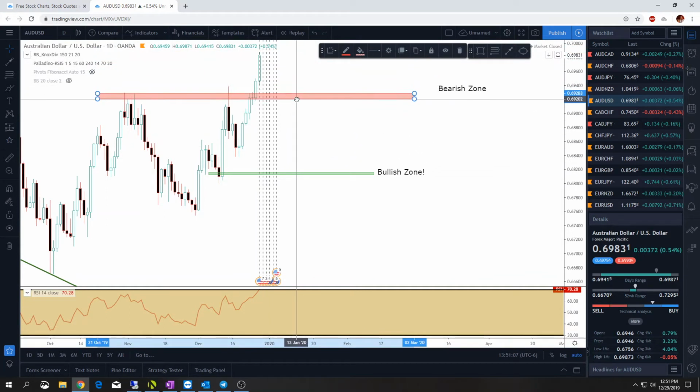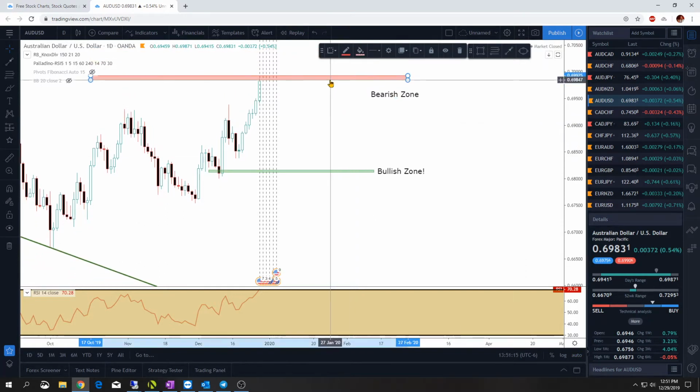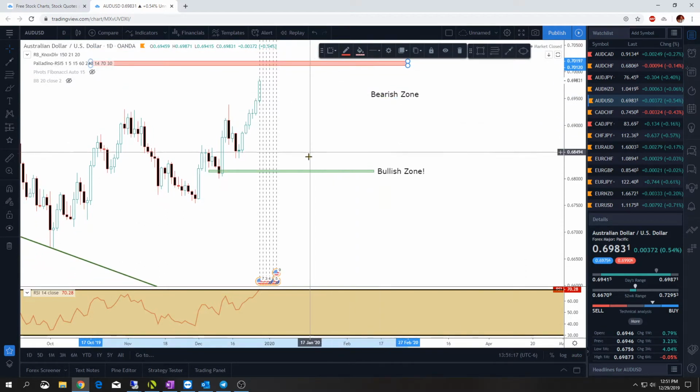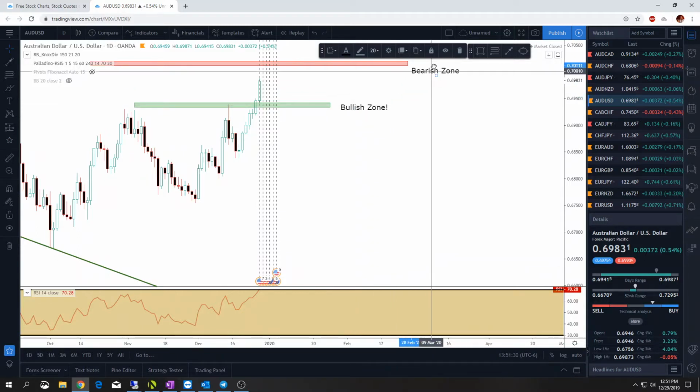So we broke that resistance level. So let's get our bearish zone up and out of our way here. Because I'm not bearish on that. Now, what I will tell you is I'm going to be bullish if we get a pullback to this area.